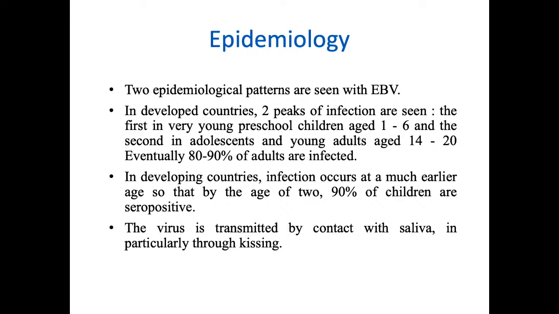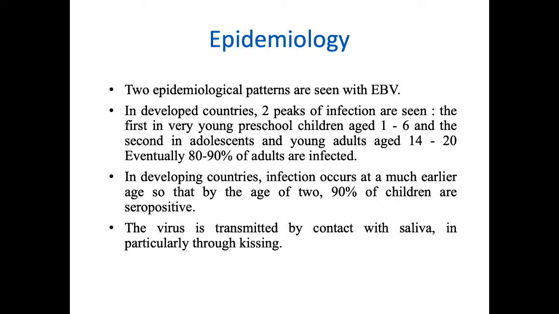So the majority of humans have this virus, and the virus is transmitted mainly through saliva, through sharing of some personal items, drinks. And there are two peaks of transmission.